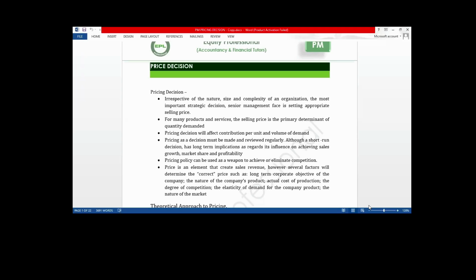And this price is not static. The price of a product is regularly being reviewed. If you go to market today, you may get a product for 1,000 naira.